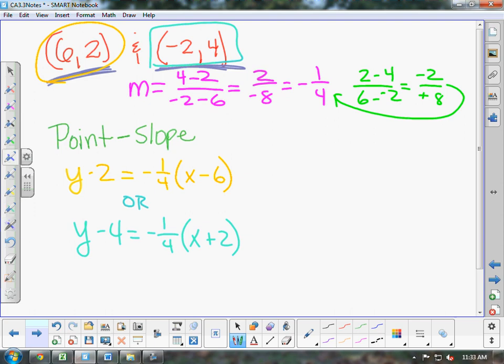And if you wanted to find the y-intercept, you can also then say, again using either one of the points, 2 equals negative 1/4 times 6 plus b. Taking negative 1/4 times 6 is negative 3/2 plus b equals 2.